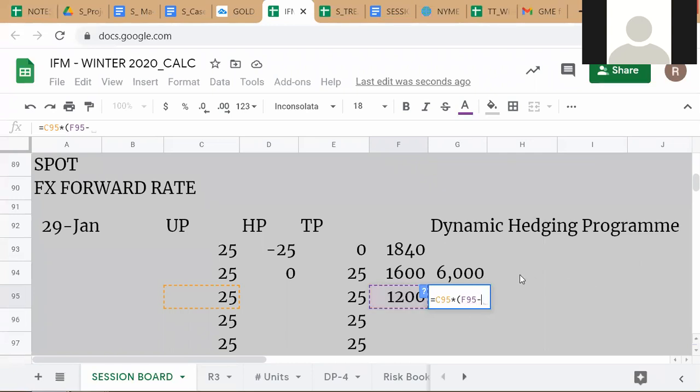Exit price minus, and where is the entry price? Actually, the entry price is going to be here, when you started the hedging program. So you will lose this entire amount because the hedging program will be benchmarked against that. $16,000. But against that, you have got a profit realized of 6,000.